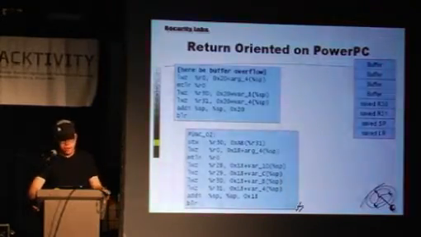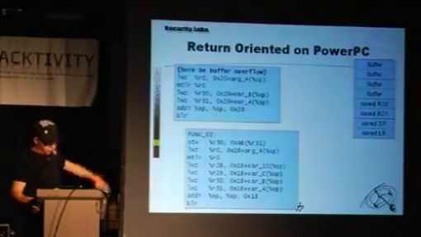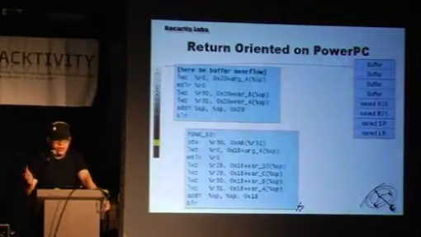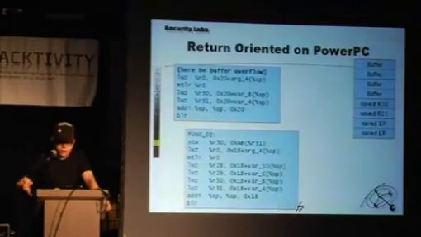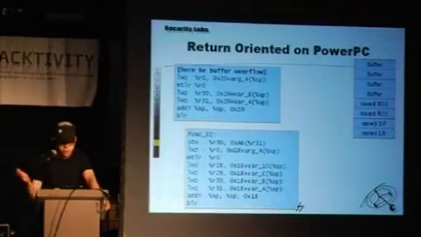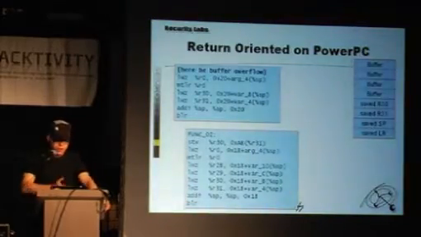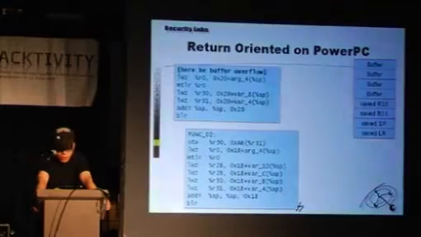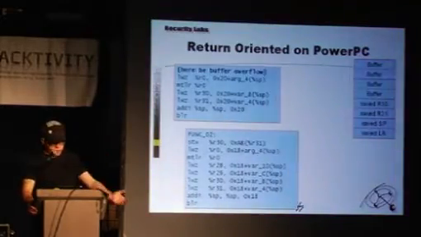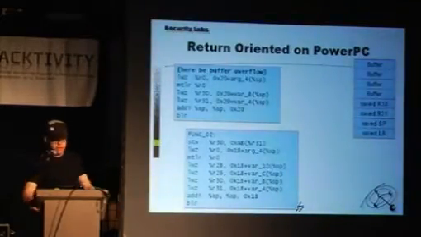So this happens up to the left here, where it says buffer overflow. And then what you see there is the code that restores registers from the stack, in this case R30 and R31. And then it returns by loading the return address into R0, and then returns over the link register.